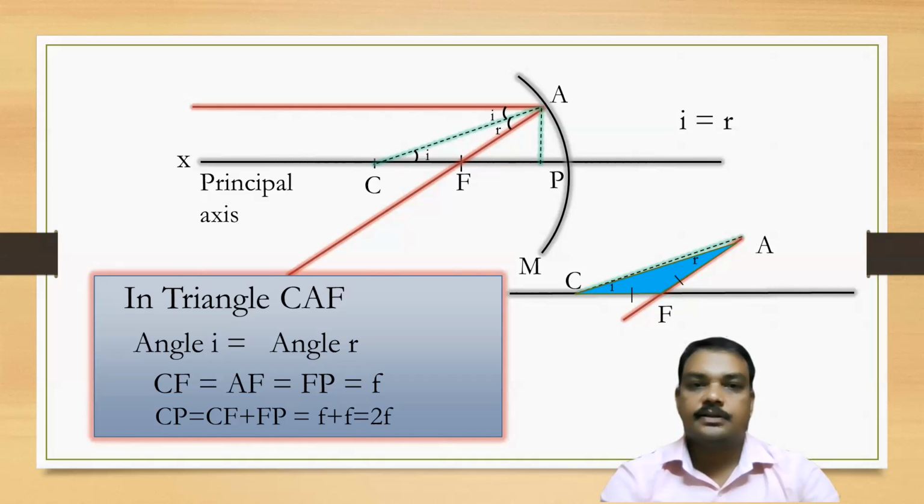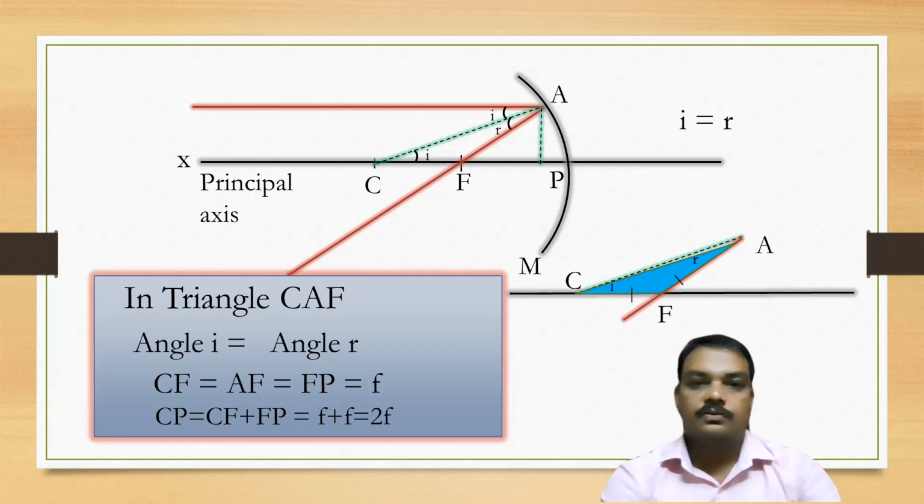That makes CF equal to AF, which is equal to PF. The principal focus is at a distance from the pole known as the focal length. Therefore, CF is equal to AF is equal to FP is equal to the focal length.